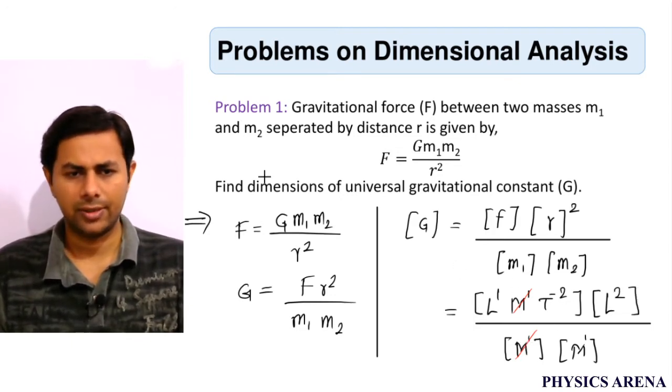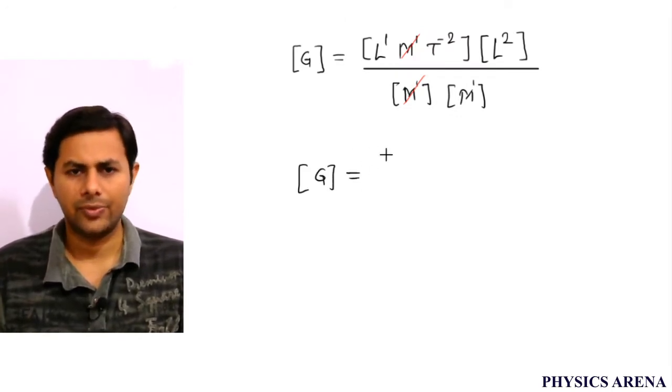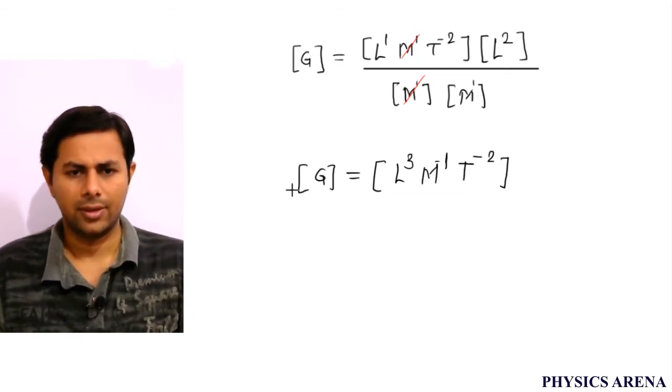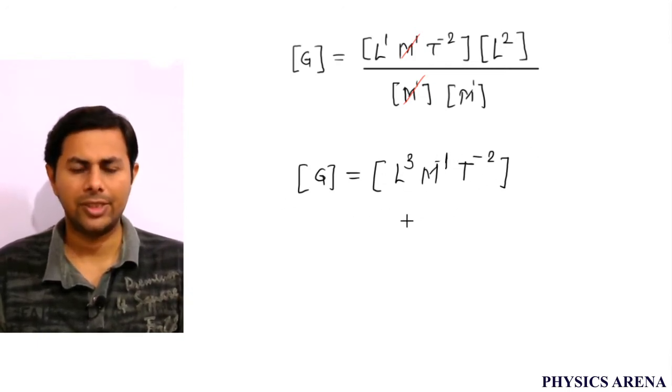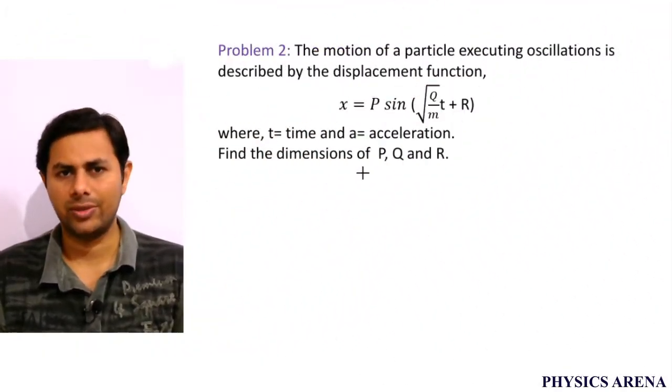We are left with L^1 multiplied by L^2, which is L^(1+2), that's L^3. The remaining M^1 from the denominator becomes M^-1, and we have T^-2. So L^3 M^-1 T^-2 are the dimensions of the universal gravitational constant. Now let's see problem number 2.